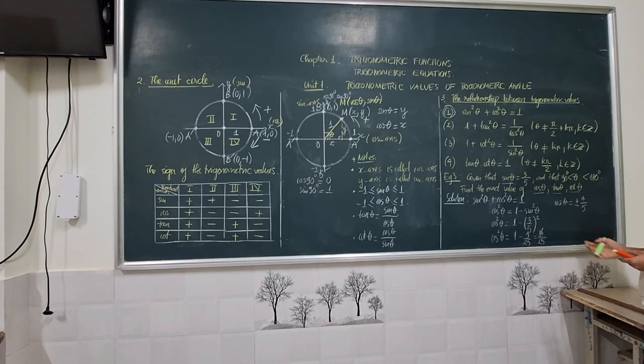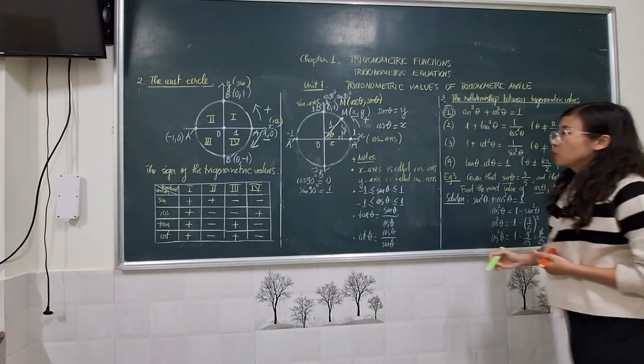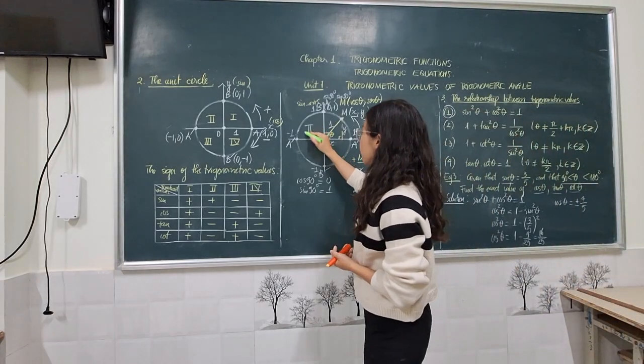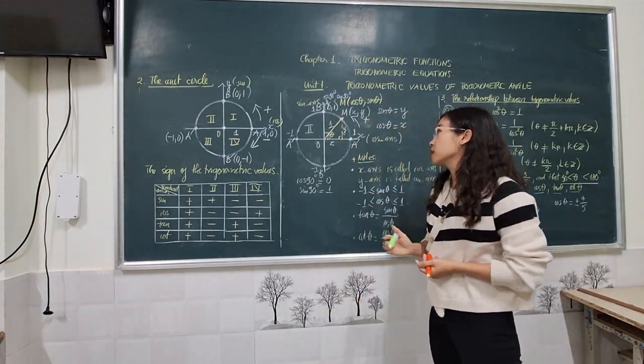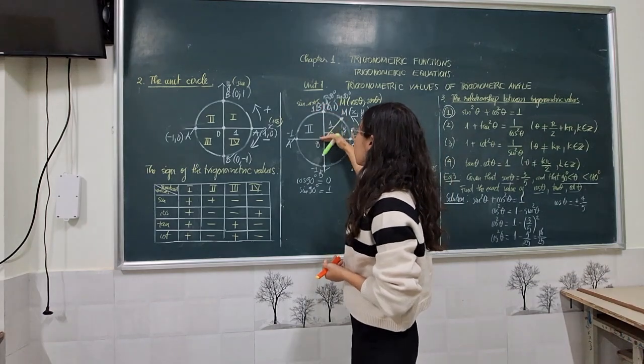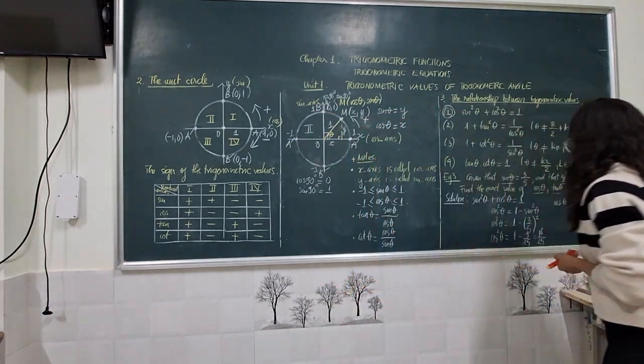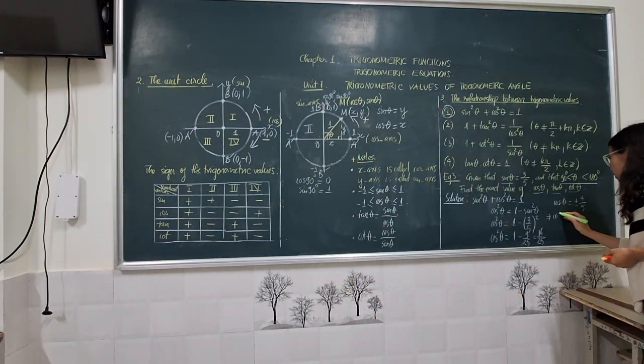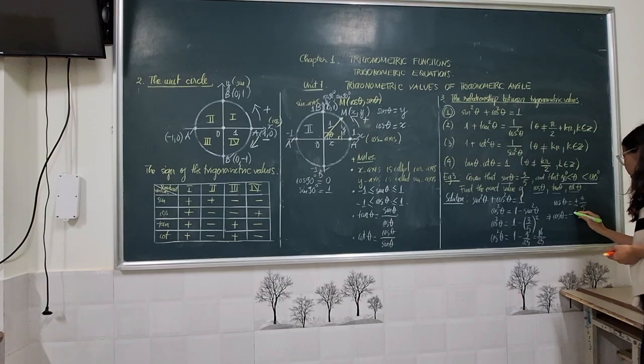To determine the sign of the cosine, because theta is between 90 degrees and 180 degrees, theta is in the second quadrant, so sine is positive and cosine is negative. So we have cosine theta equals negative 4 over 5, because theta is in the second quadrant.